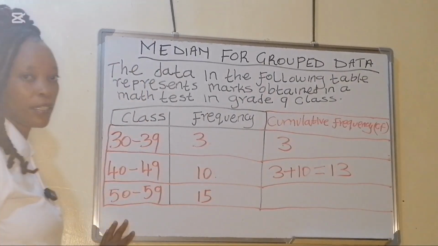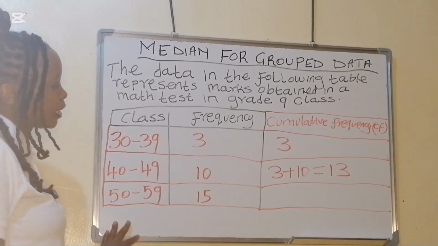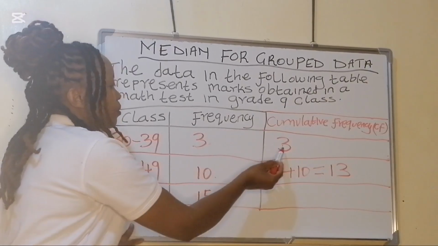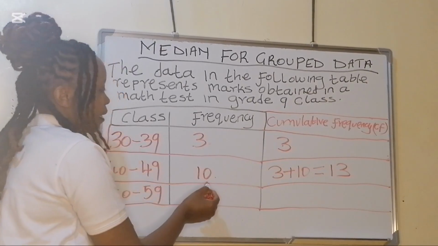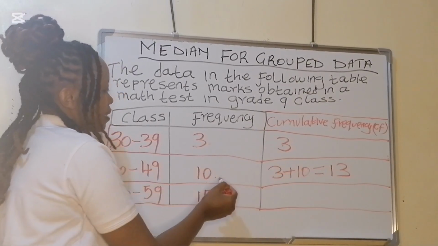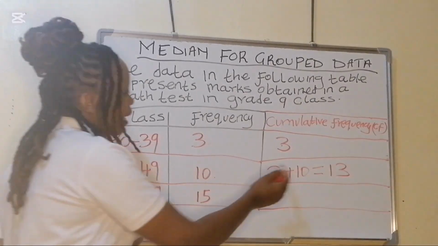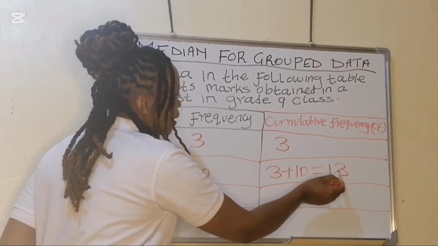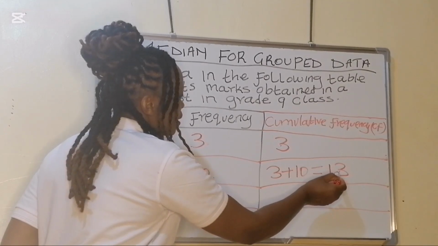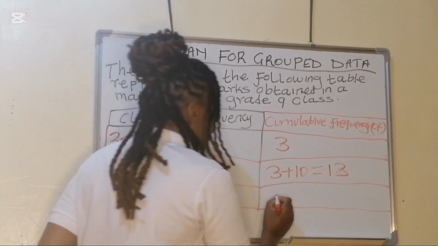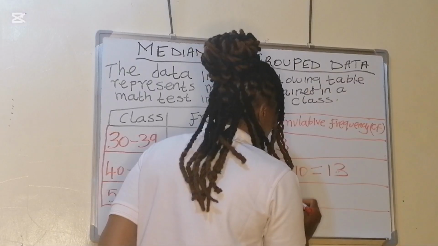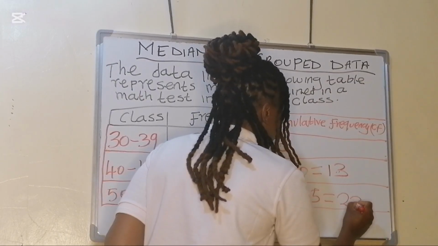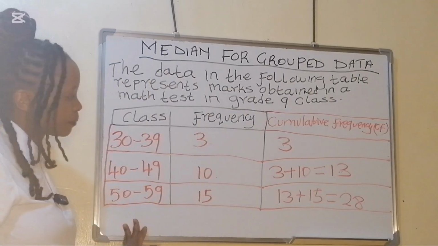For the third one, you add what you have gotten, the cumulative frequency 13, plus 15. The result is 28.